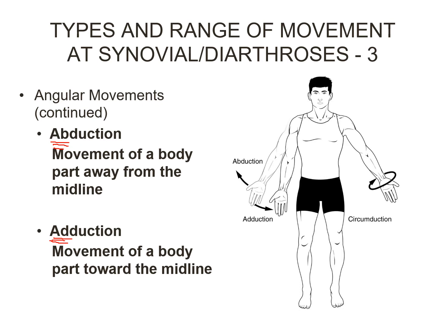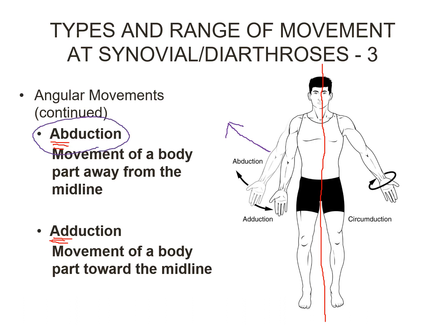So abduction is, as you can see, movement away from the midline. So here's our midline. If I draw a mid-sagittal line down this gentleman's body, right, that's our midline. So if we're moving a joint away, such as this gentleman's arm, moving it laterally, that is what we call abduction.